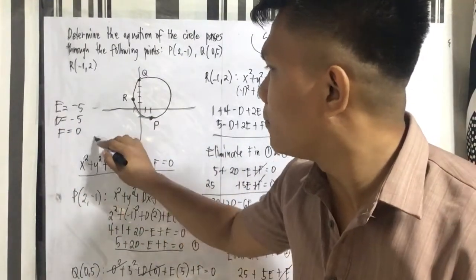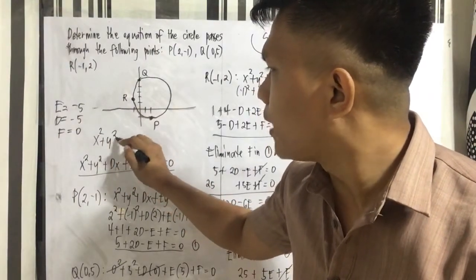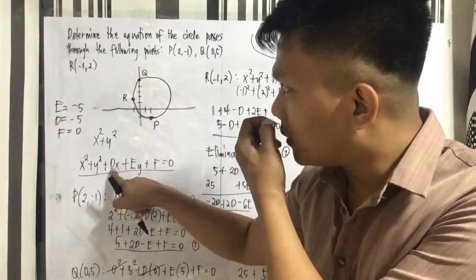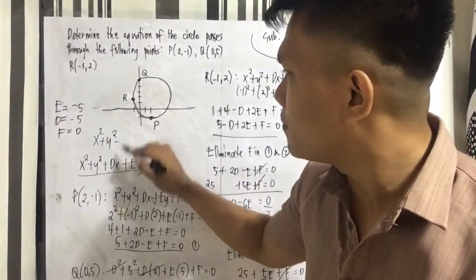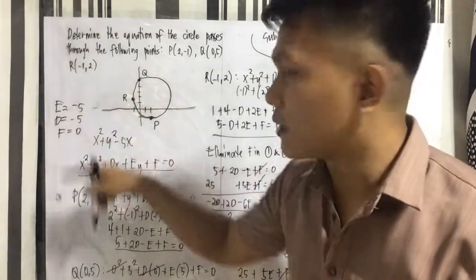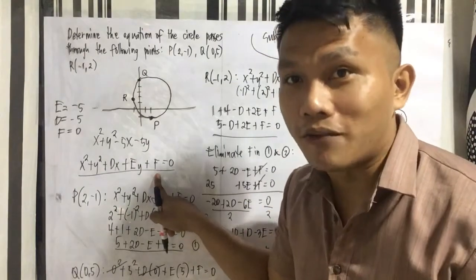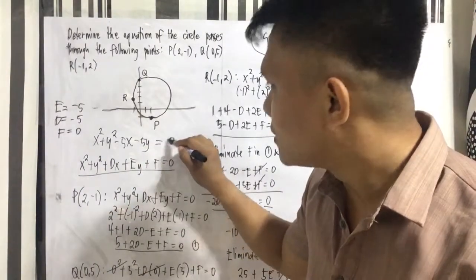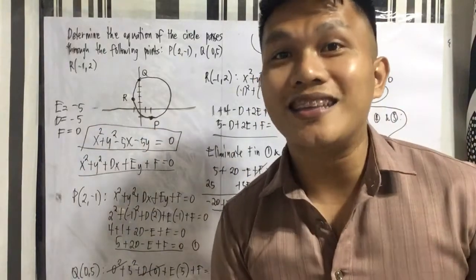So we have x squared plus y squared. What is the value of our d? Negative 5. So we have negative 5x. We have e, and that is also negative 5, so minus 5y. We don't have the value of f, so that is equal to 0. So this is the equation of the circle in general form.